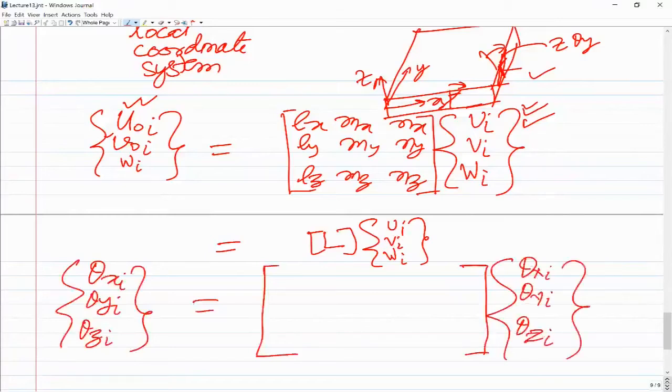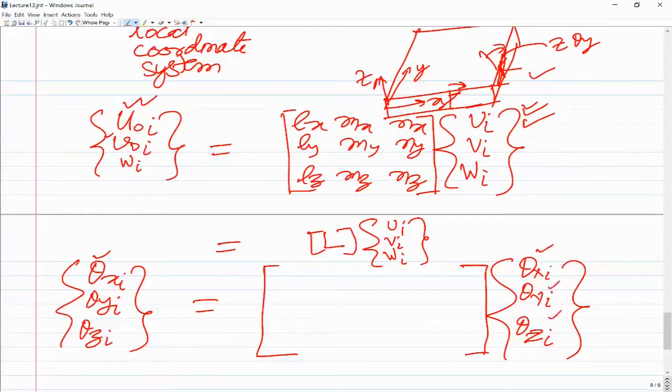Keep in mind theta x is the rotation about positive y-axis. Whereas with respect to the global system, this we have with respect to the global x-axis, rotation about global x-axis, I have already explained. This is about the global y-axis, and this is the rotation about the global z-axis.